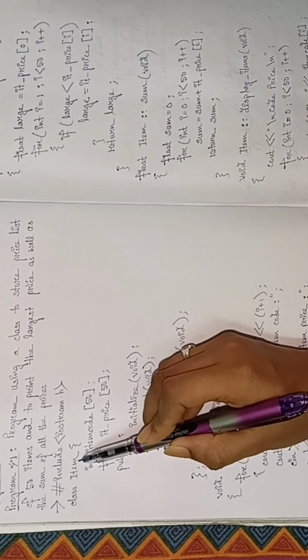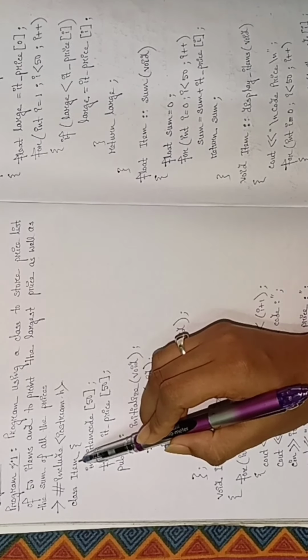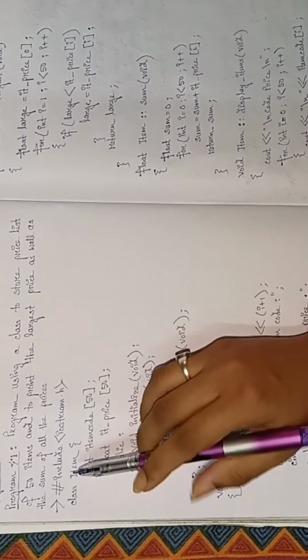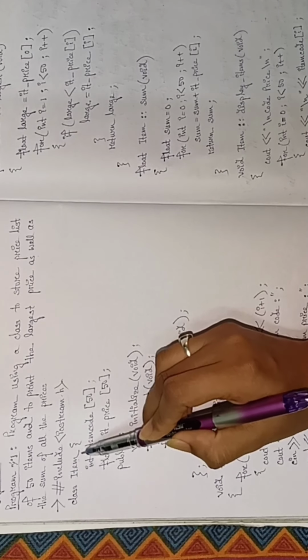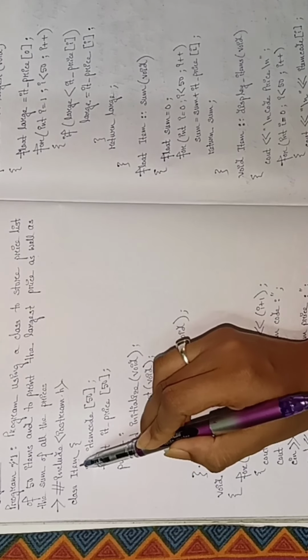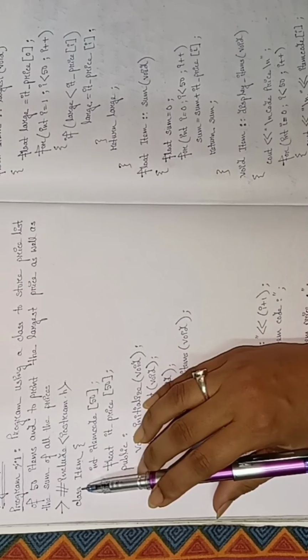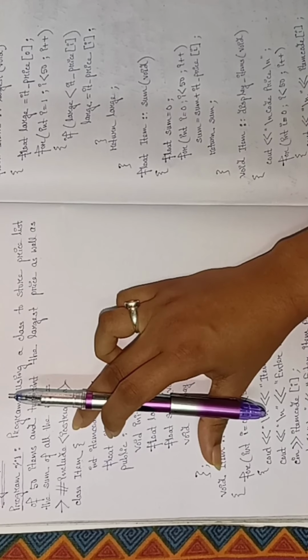You can give any name to this class; this is up to the user. But whatever name you have given, you have to use exactly the same name in the program, okay? So class item, then the curly brackets, this is my class definition.